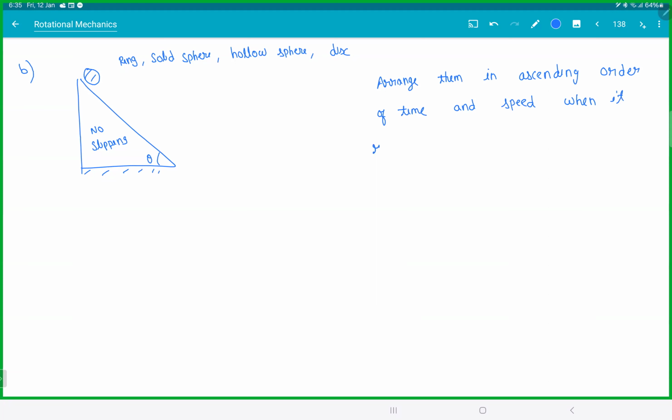This is the standard equation. It came multiple times in different exams.